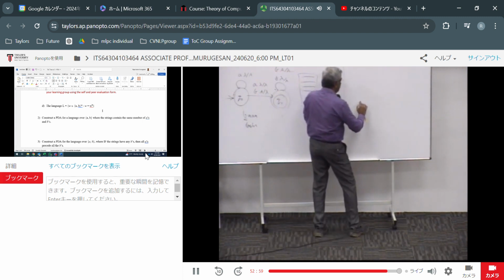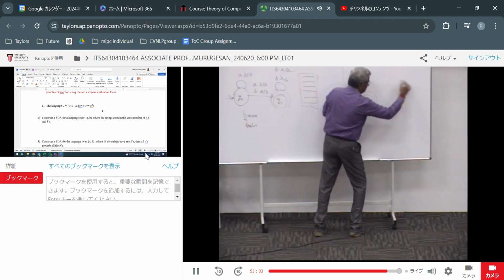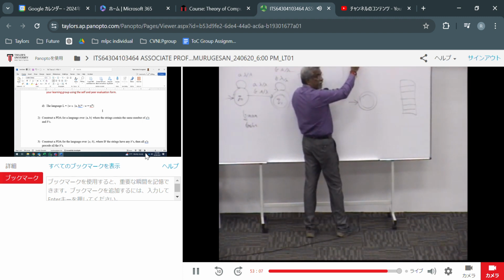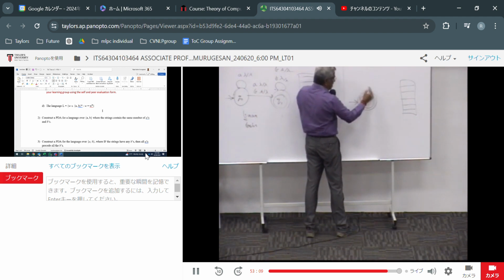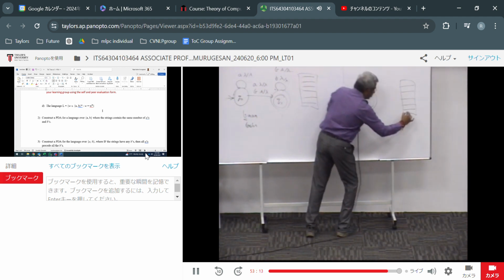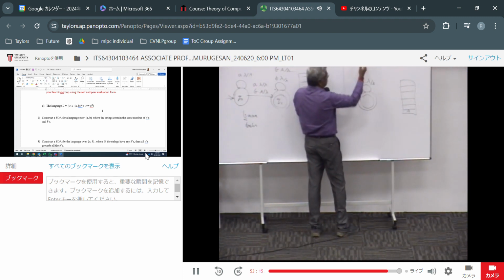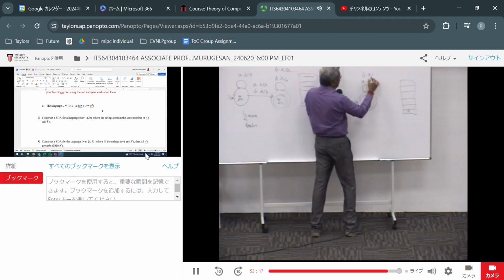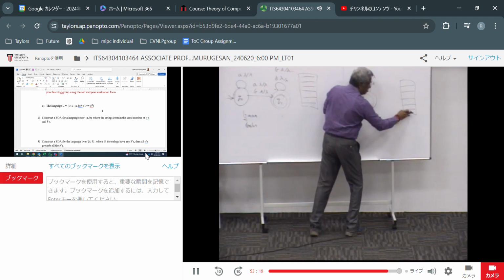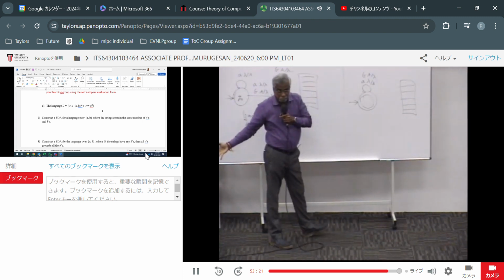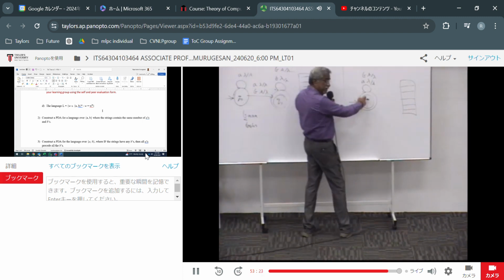I'm just going to solve it with one state. I'm taking this string. A means push A. I pushed A. So B means pop A. Start state as well as final state.